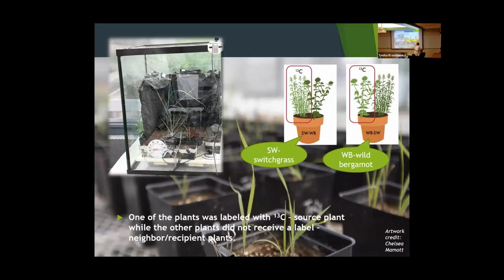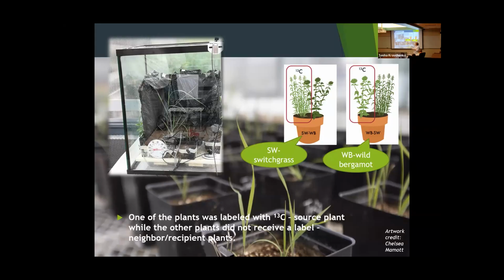But the neighboring plants would be covered with those black trash bags that would block the sunlight. They are not doing photosynthesis, so they are not taking up 13CO2. So the only 13CO2 that we would find in them would have to originate from the uncovered source plant.